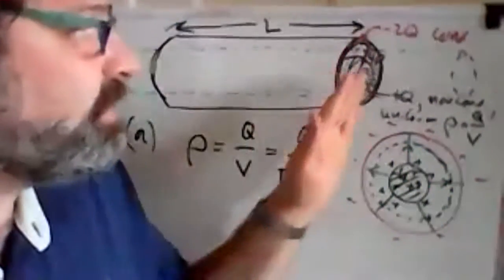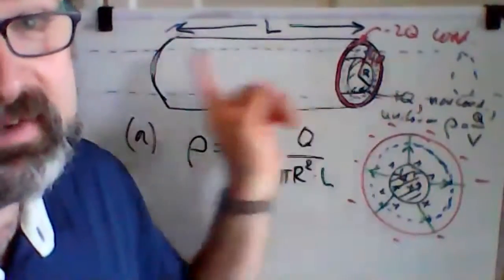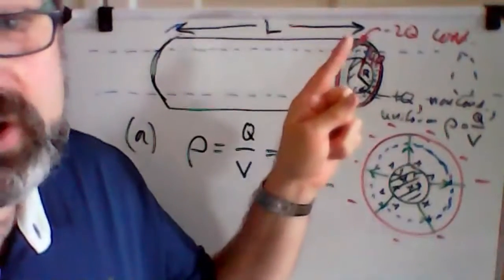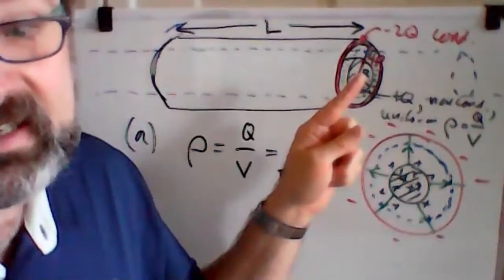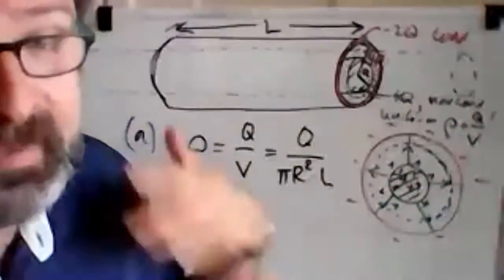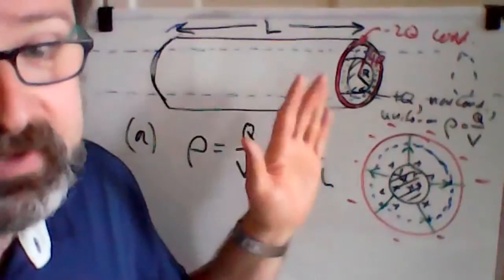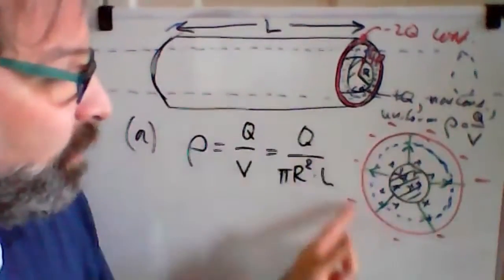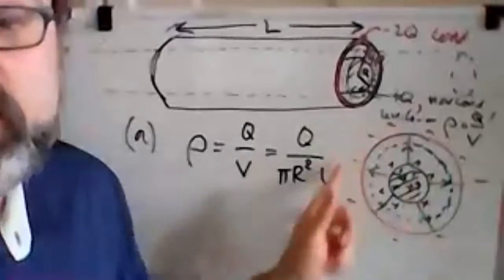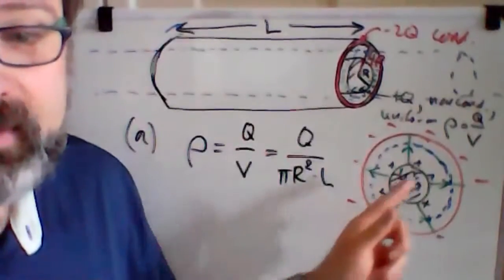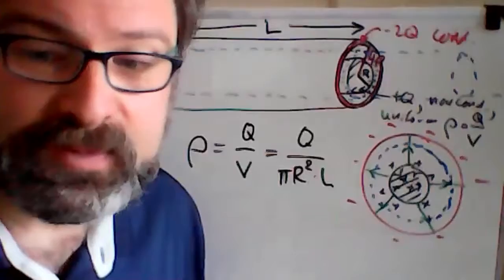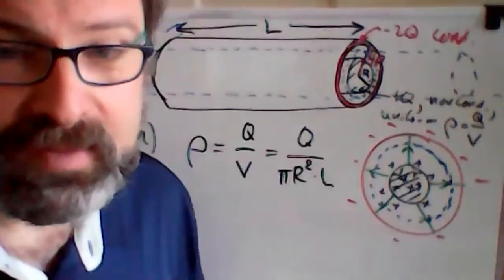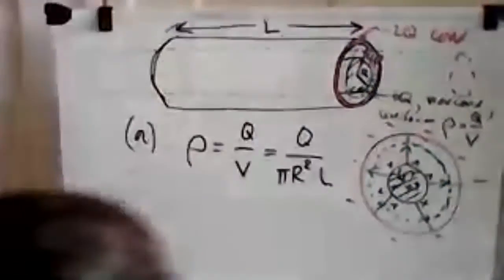And we're just going to look at this aspect of it, and over this length L, our charge on the outside is minus 2Q, and our charge on the inside is plus Q, and we don't have to worry about weird fields. Instead, we can think about the field being uniform, relatively speaking, for example in this area going from the plus charge to the minus charge. That was a roundabout way of explaining that, but I hope that makes sense. Does that make sense? Yeah.